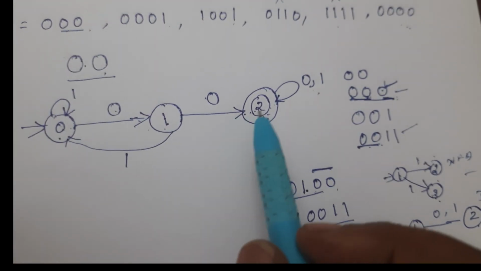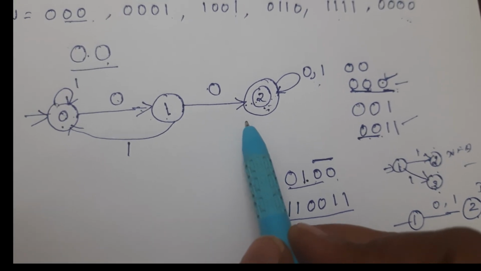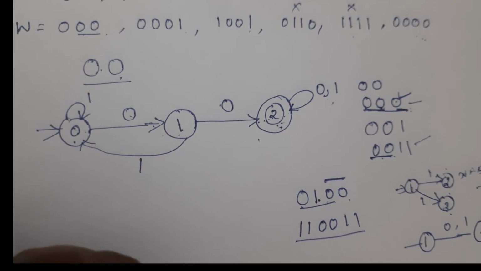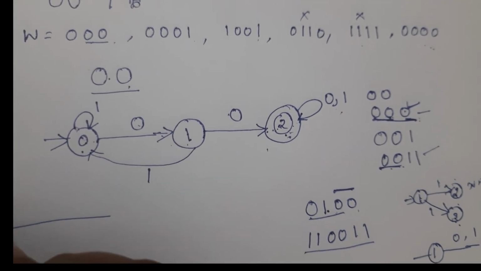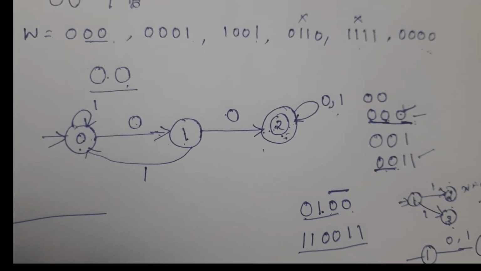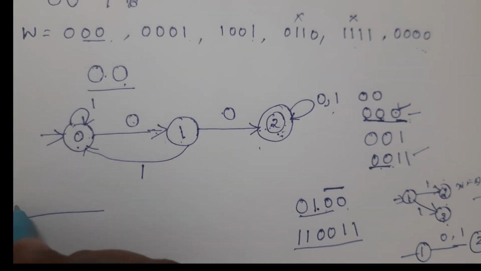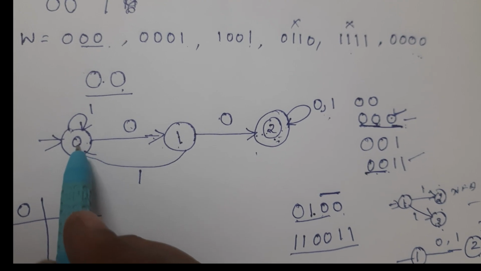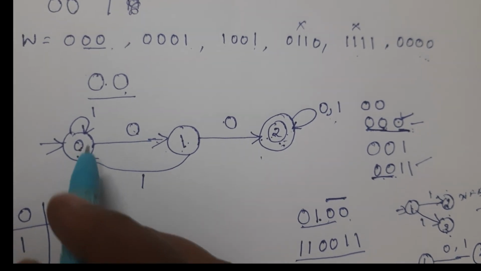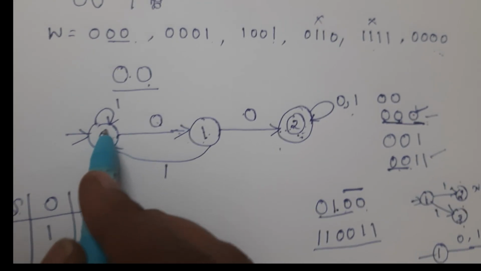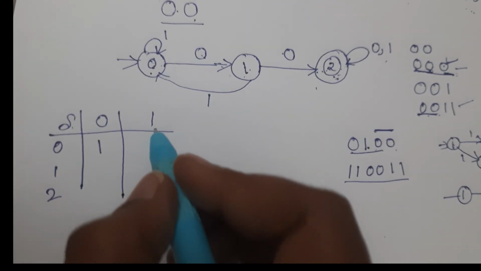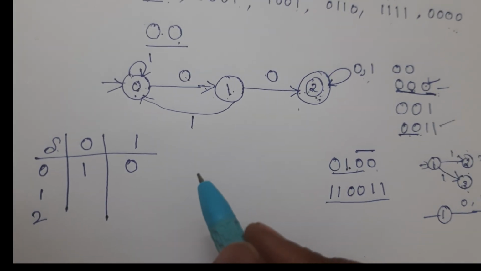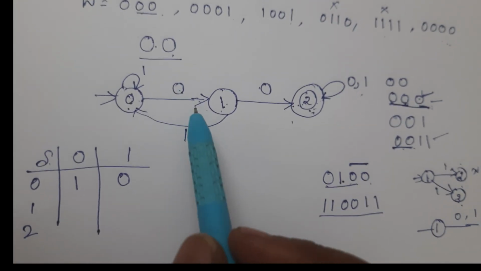So this is the way to design a finite automata. Now we'll make one transition table out of it. Delta, and states are 0, 1 and 2, and we have input symbols 0 and 1. From 0, when you give 0, it will move to 1. From 0, if you give 1, it stays in the same state 0.